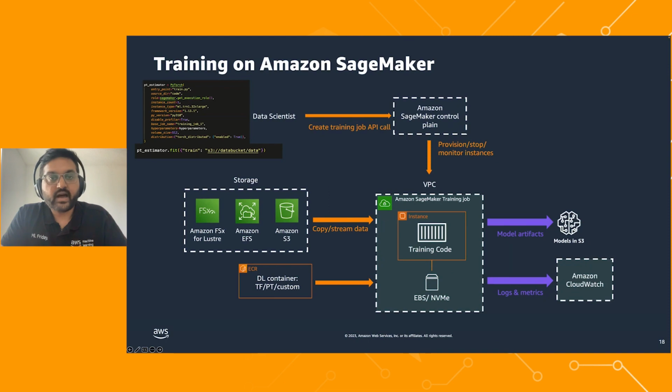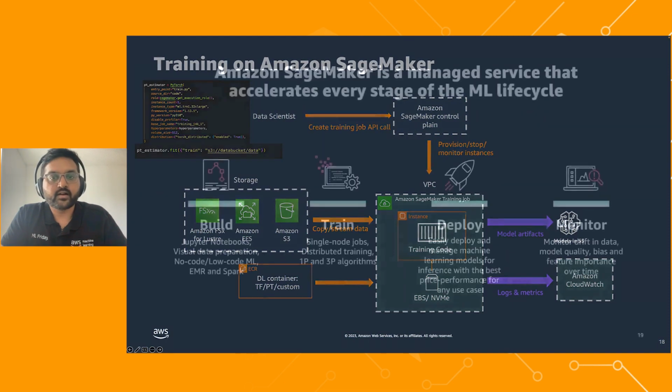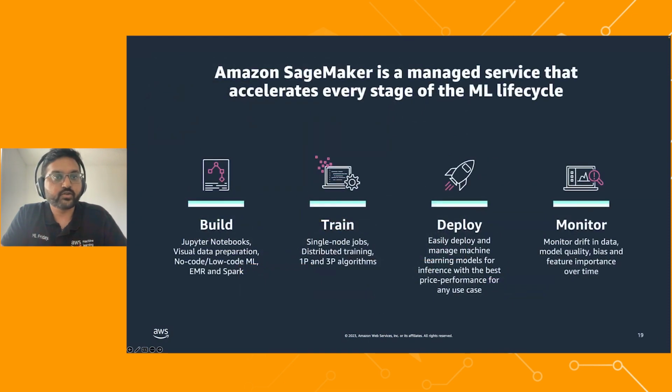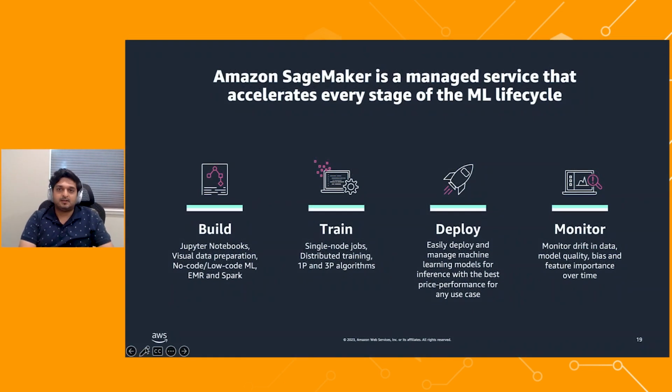So with that, I will pass it on to my colleague Raghu, who is going to run us through inferencing using SageMaker and neuron-based Inferentia. Thanks, Arun. This is a great introduction on SageMaker training and how to use Trainium on SageMaker.